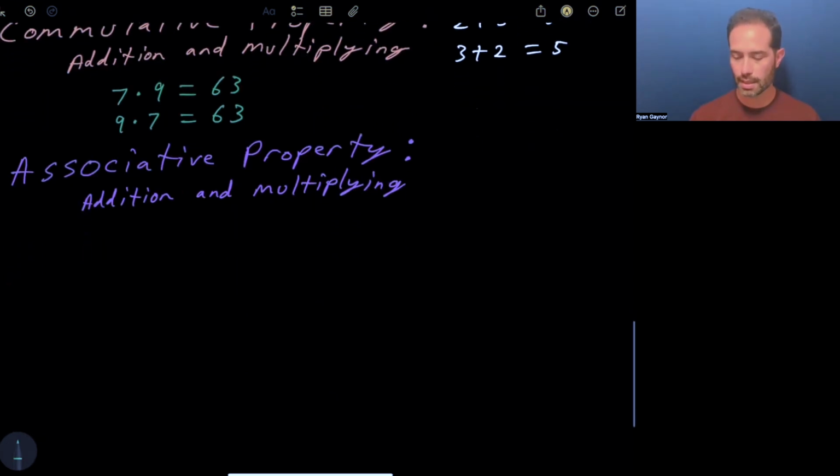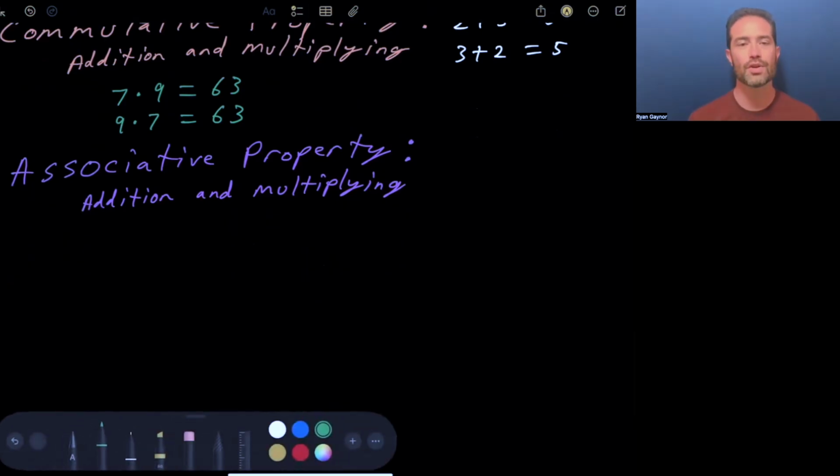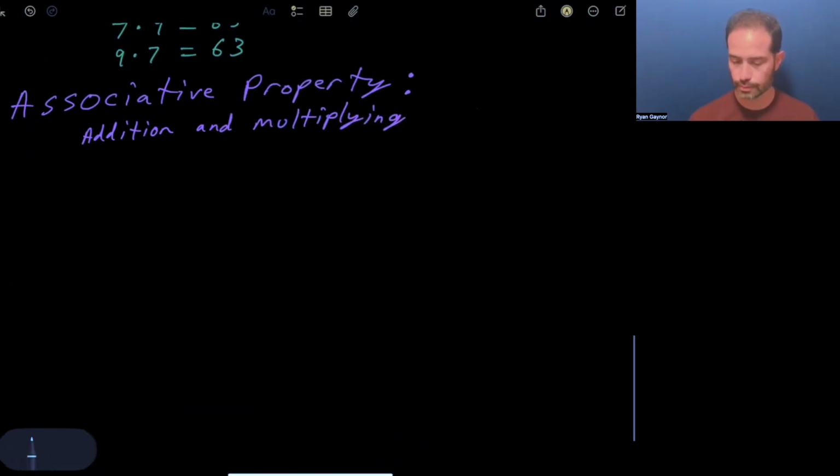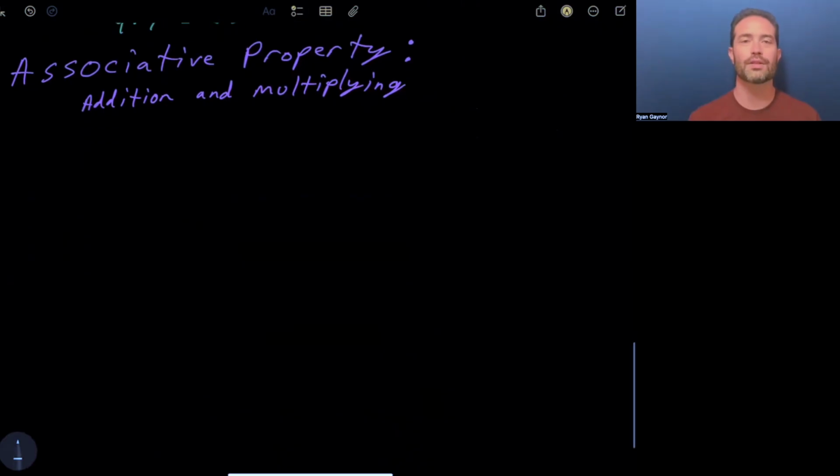All right, next up we have associative property for addition and multiplying. Here we go. What is the associative property? The associative property has to do with the way you group things together. Okay?